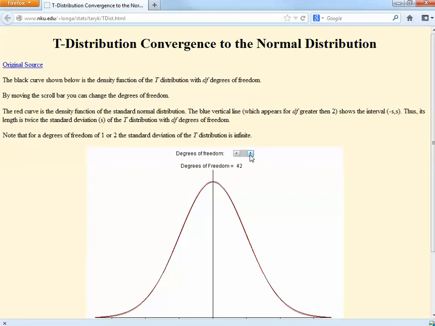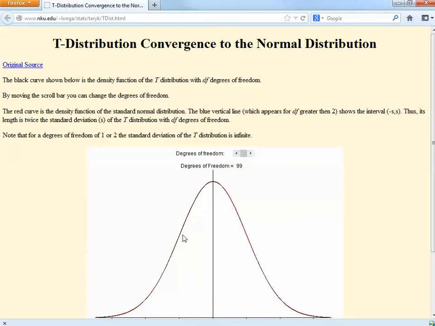And we can see that when we have a sample size that is up, say around 90, 91, 100, we'll go all the way to 100. So our sample size is 100, so the degrees of freedom are n minus 1 or 99. That blue line is almost identical to the red line.